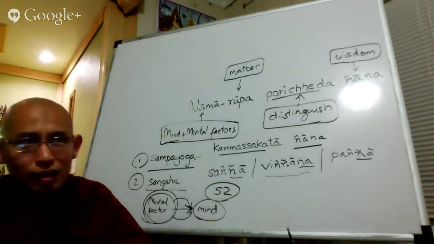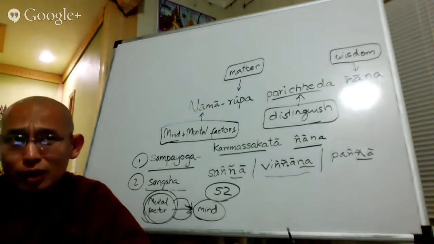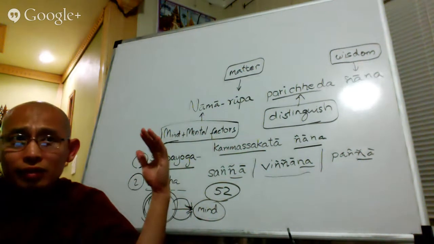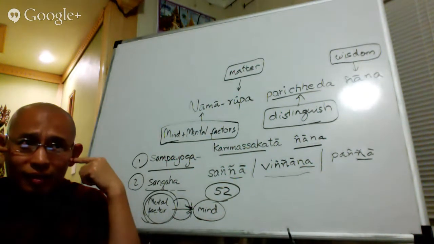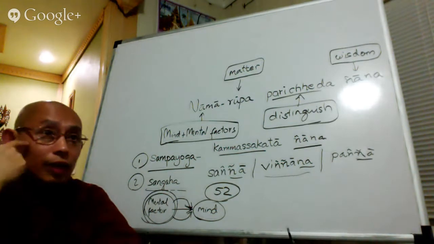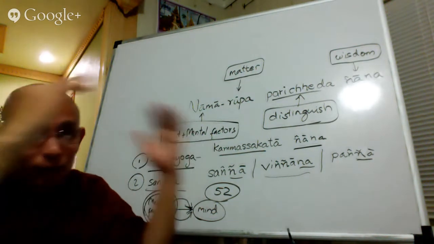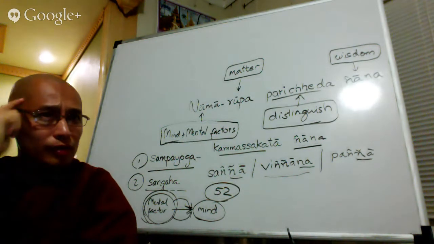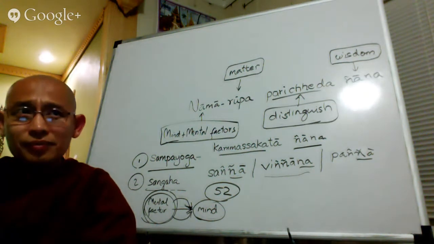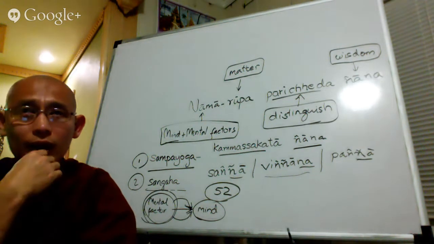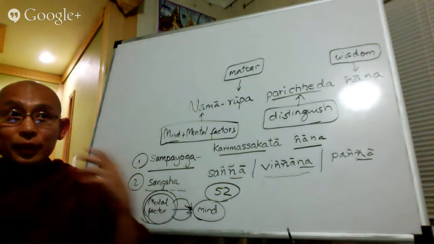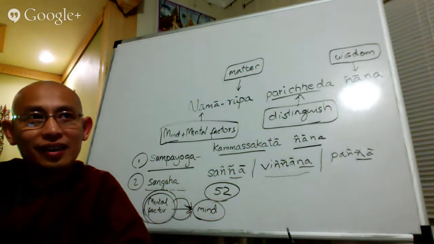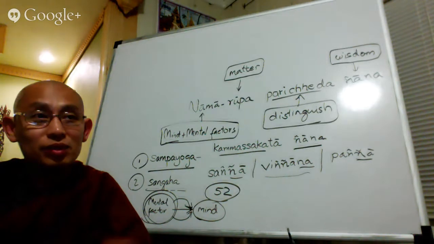And vitaka, vichara, initial application and sustained application: we need to take a meditation object in our mind. First we look at the object with the naked eye, put in front of you, and then sometimes we close our eyes, so the object appears in our mind. That is because of vitaka and vichara.